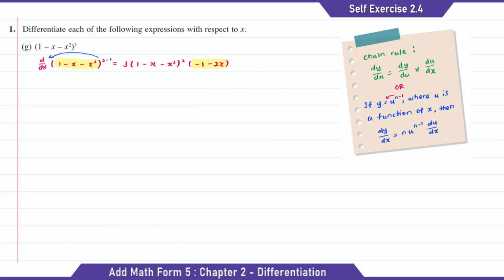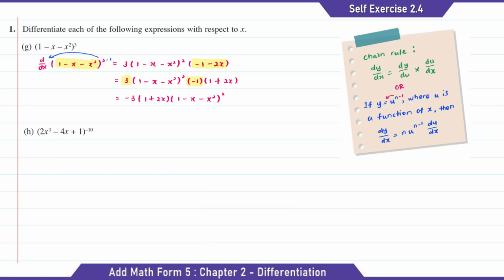Therefore, we can factorize it. This will be -1(1 + 2x). So next, we can multiply the 3 with the -1, which is -3. So here I can rearrange the brackets according to the power. So -3(1 + 2x)(1 - x^2)^2.